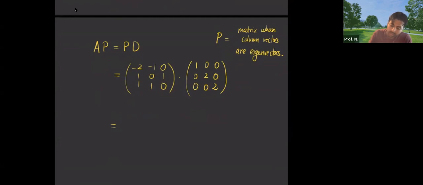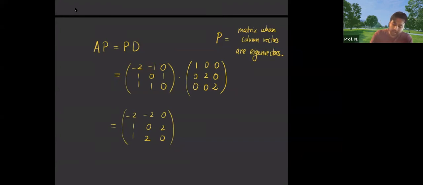I'll get the first row. I'll get -2, 1, 1, because all of these will be zeros. And then here, I'll get the second row, -2, 0, 2. And then if I multiply this third row here, I would get just the last row doubled, right? So 0, 2, 0, right? That's what would happen.